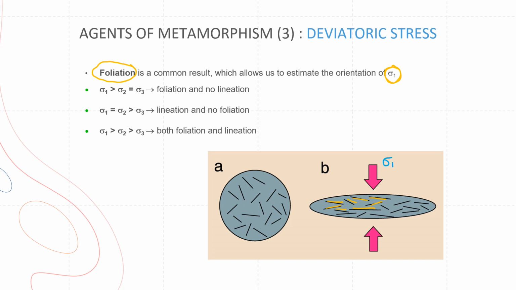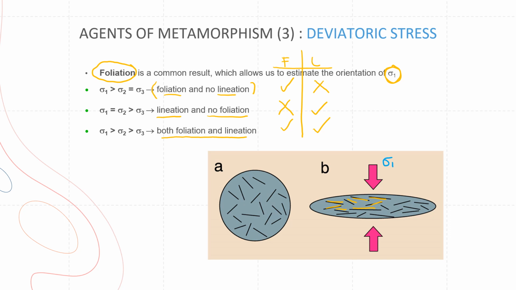And there are three types of situations or examples that we can talk about with foliation and lineation. You can have a situation where you have foliation but no lineation. You can have a situation where there is lineation but no foliation. And a situation where you can have both foliation and lineation.